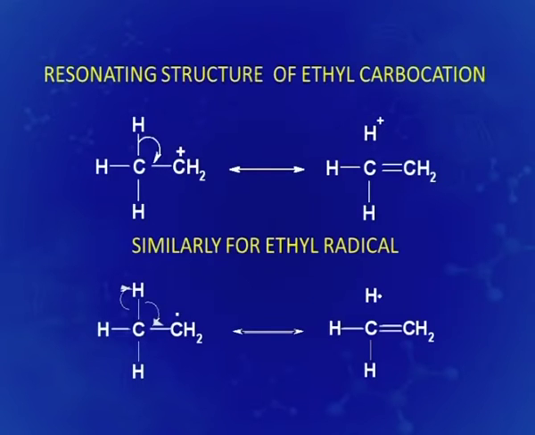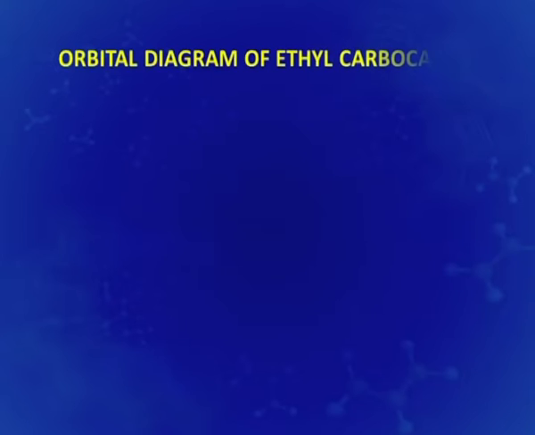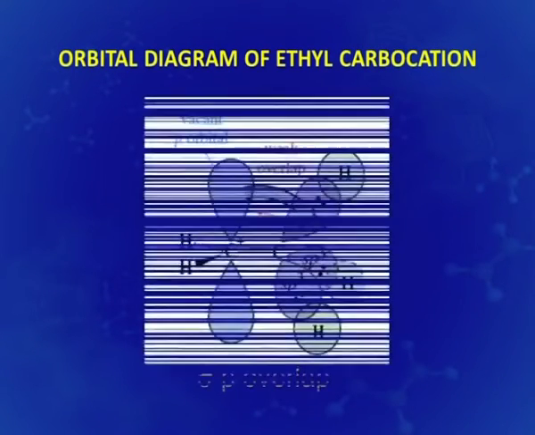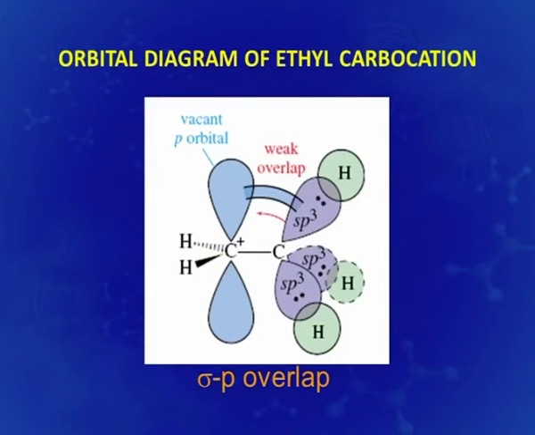And if we look into the orbital diagram of ethyl carbocation, we would notice that 3 CH sigma bonds are there which are able to overlap with the vacant p orbital. This is though a weak overlap, but still the sigma bond is able to contribute to the stabilization of the carbocation which is there in the case of ethyl carbocation.